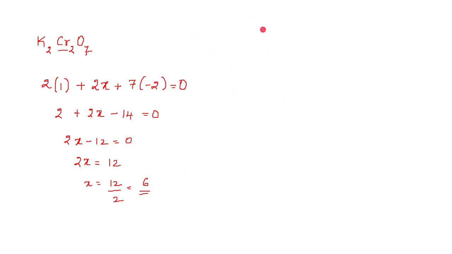Next, CrO4 2-. Now I am taking a polyatomic ion and you are asked to calculate the oxidation number of chromium. Let's see how much you will get here. Again, a single chromium atom is there, you will take it as x, plus how many oxygen? 4.